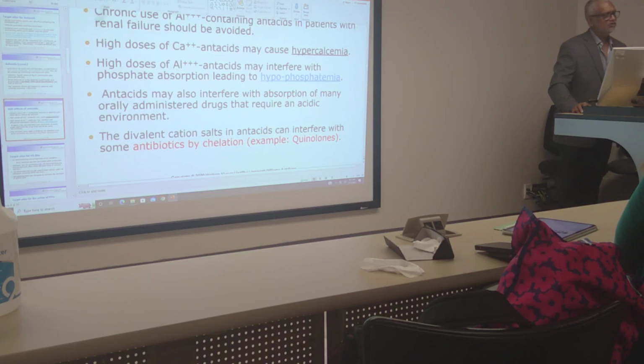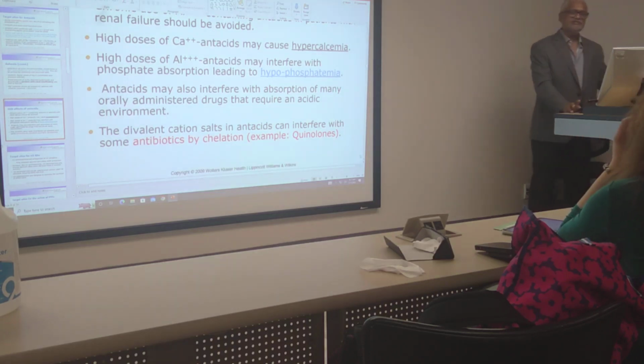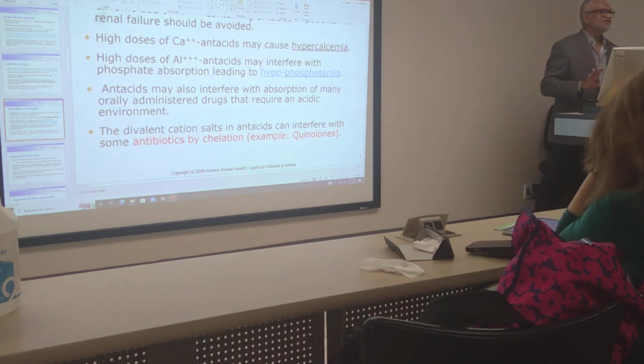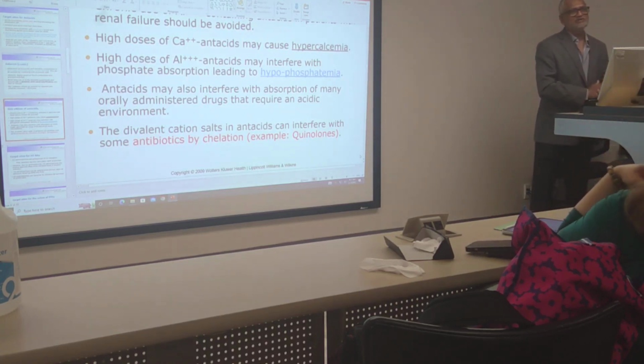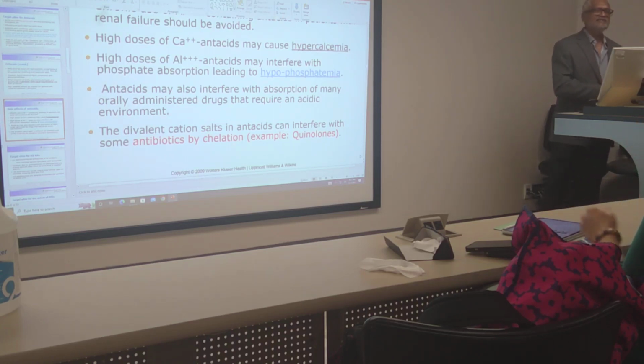Then we'll move on to H2RAs. So these antacids are temporary relief. They won't do anything to the H2 receptors or the proton pump. They only neutralize the acid already secreted into the gut.